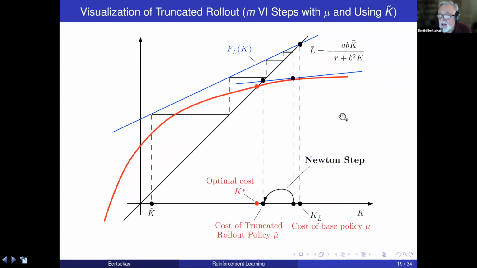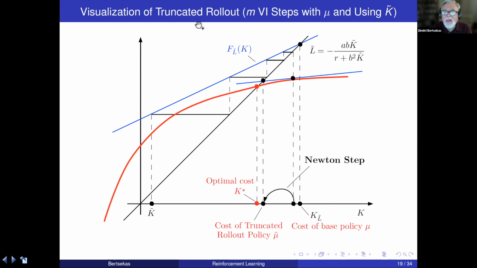There's one extra consideration here. Suppose that you have a stable base policy and K tilde is in the region of instability. In other words, if you were not going to do any rollout, you would get an unstable policy. Then you're in bad shape, it's a problem.